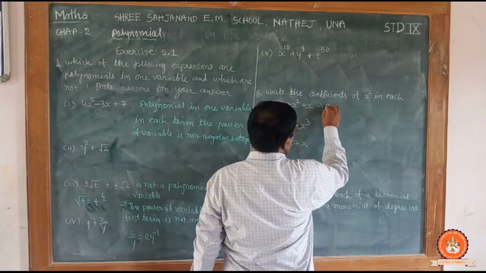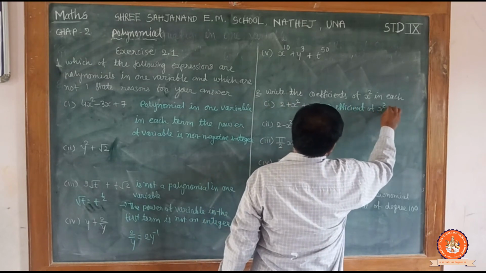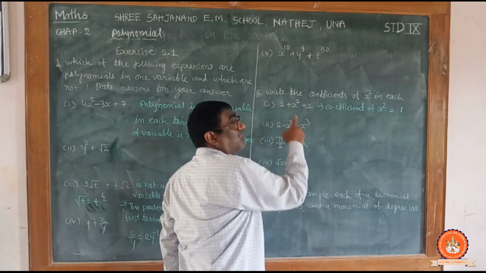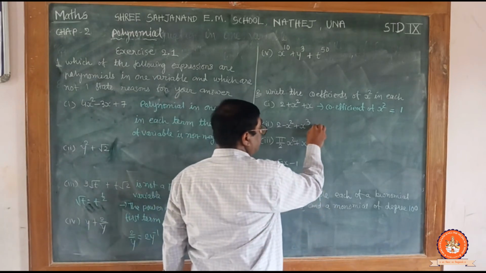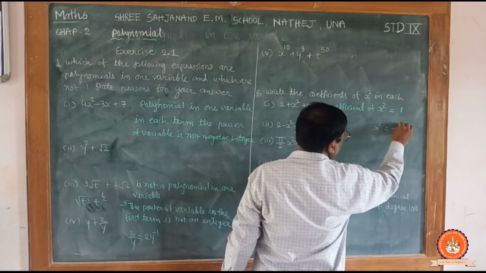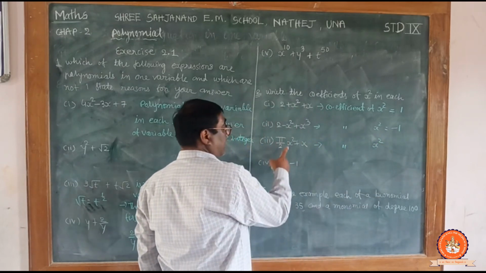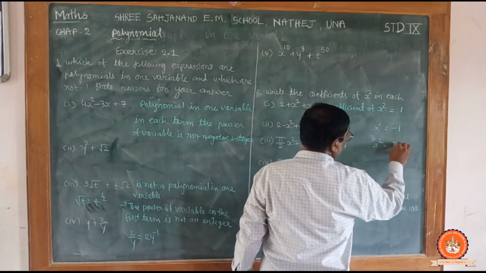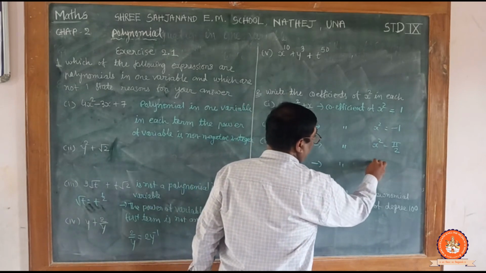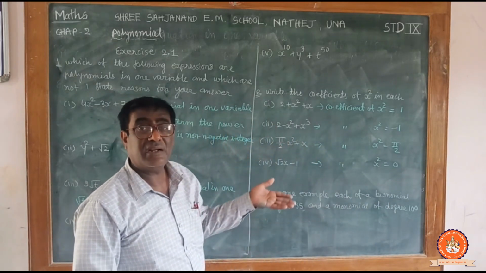In this case the coefficient of x square is 1. There is no number written here, so it is 1. And here the coefficient of x square is -1. Here the coefficient of x square is pi/2. And here there is no x square term at all, so the coefficient of x square is equal to 0. If there is no x square term, then the coefficient of x square is 0.